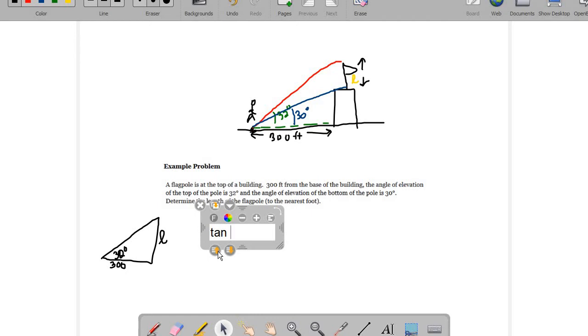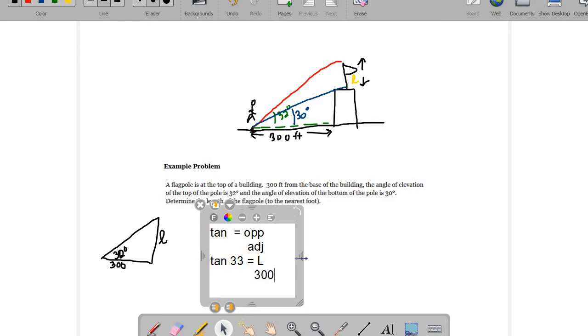Alright, so it's going to be tan theta is equal to opposite over adjacent. Then you substitute the information to find L. So that's going to be tan 33 is equal to the opposite, which is L, and I'm going to use capital L, over 300, which is the adjacent side.